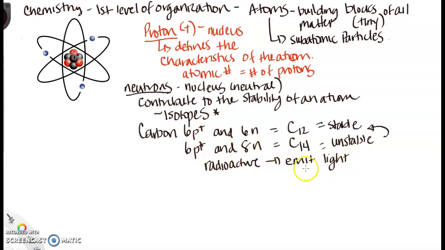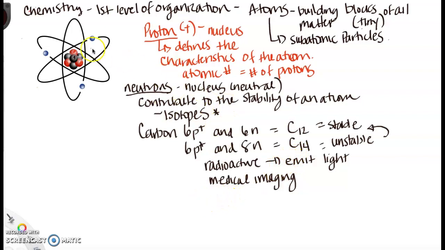We use things like carbon 14 in medical imaging. So if I can give a patient a certain drink that has carbon 14 in it, it will decay to carbon 12, and it will emit light so that we can see structures in the body. Okay.